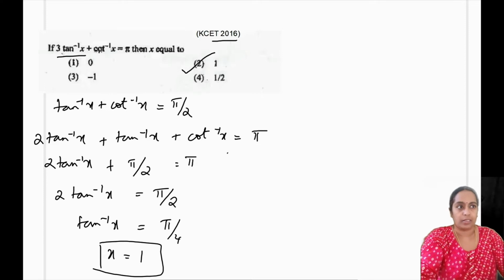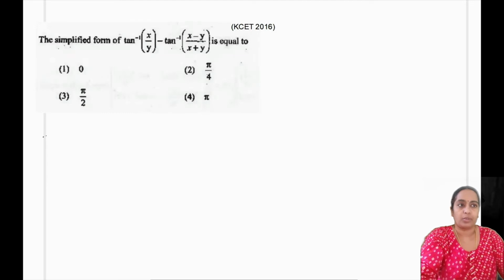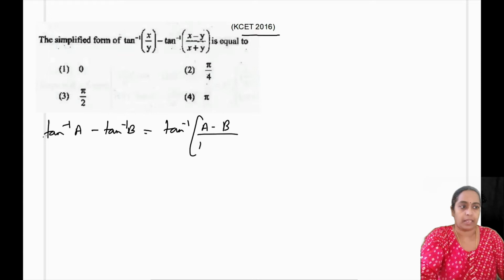So moving on to the next question. This is from the KCET question paper 2016 itself. So the question says tan inverse x by y minus tan inverse x minus y by x plus y. So we have a formula tan inverse A minus tan inverse B equals tan inverse of A minus B divided by 1 plus AB.